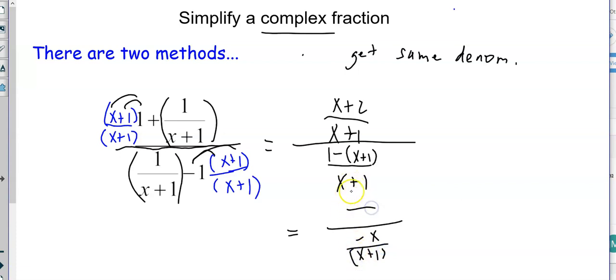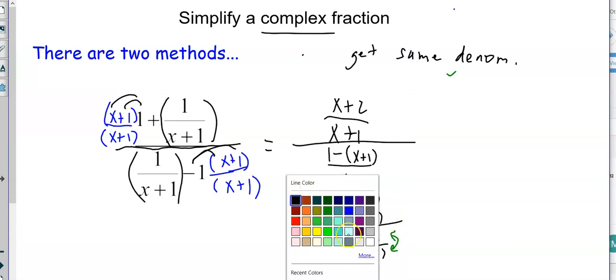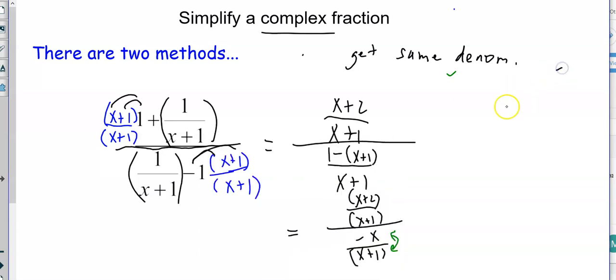And again, we still have the numerator x plus 2 over x plus 1. We're going to multiply by the reciprocal. In this case, that means we're going to flip the denominator, not the numerator. Okay, so this would equal, the first fraction is the same, x plus 2 over x plus 1.